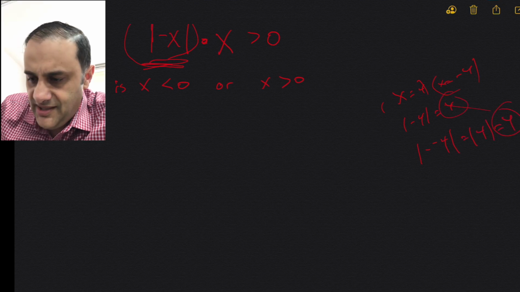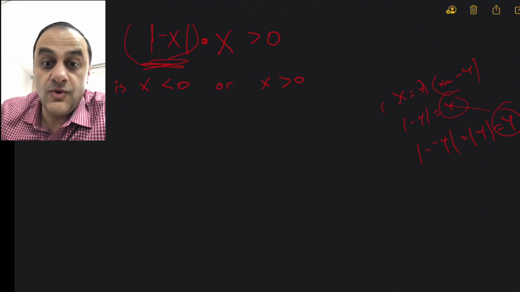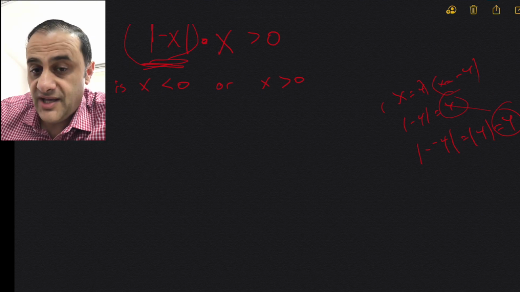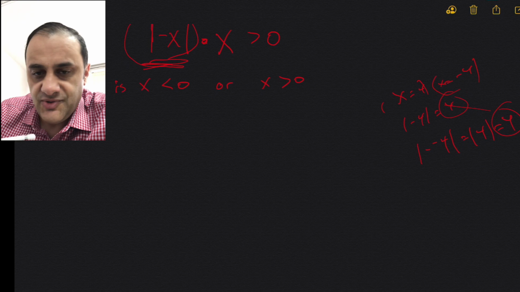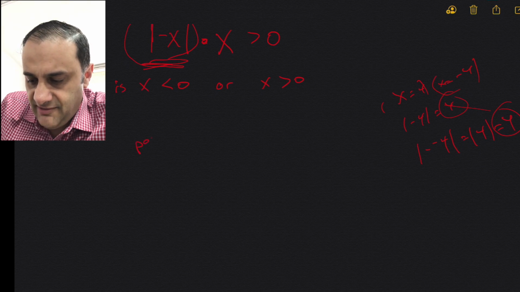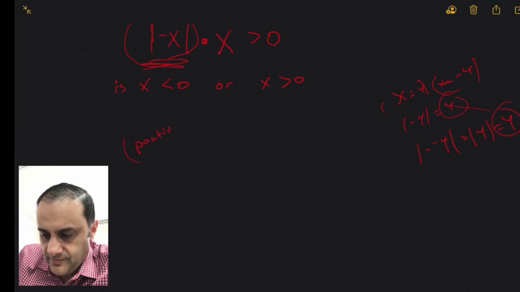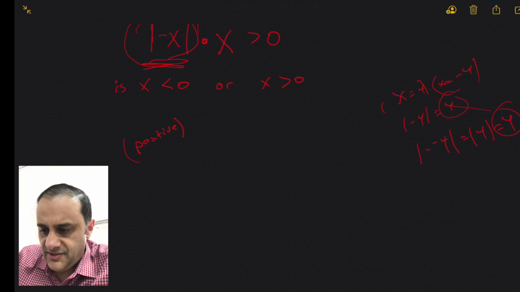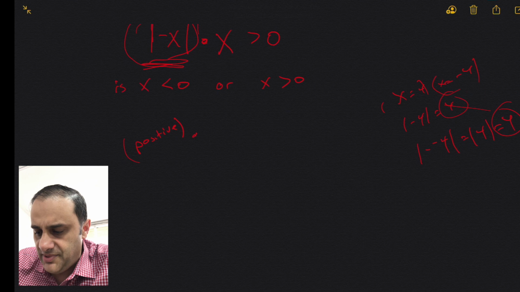So the bottom line is the absolute value of negative x, regardless of what x is, is going to be a positive number. And then we multiply it by x, and that's going to give us a positive number.